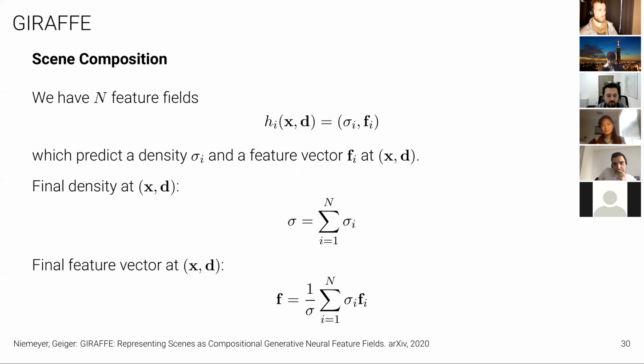So the density becomes the sum of the individual densities at that point. And further, how we combine the feature vector is that we use just the weighted mean. So it's a very simple way of compositing the scenes.